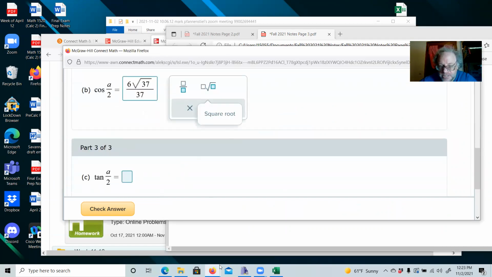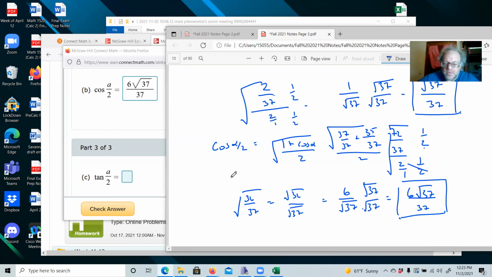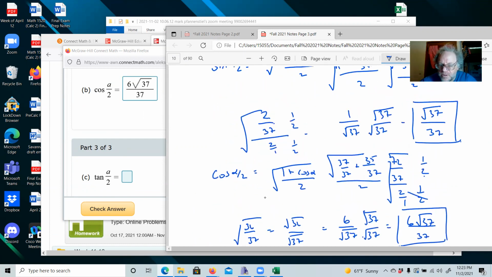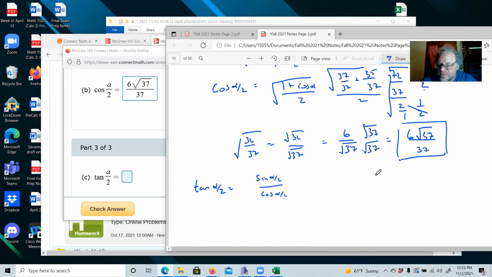And now we have to do tangent. Okay, so we're going to be clever. Tangent of alpha over 2 is going to be sine alpha over 2 over cosine alpha over 2. What the heck is the sine of alpha over 2? Well, didn't we find that over here and say it's the square root of 37 over 37?